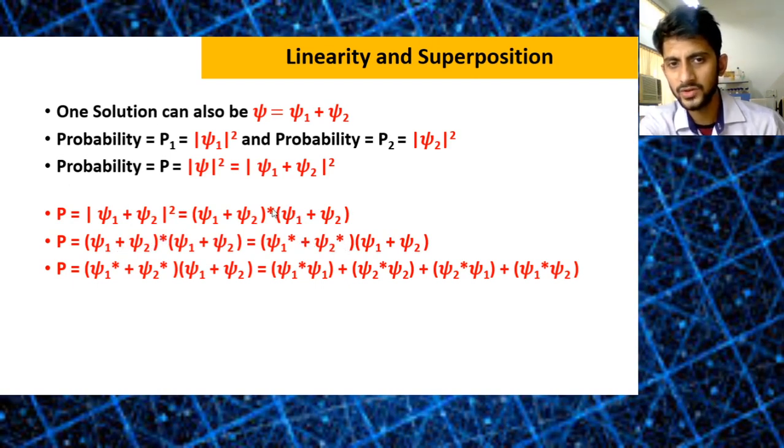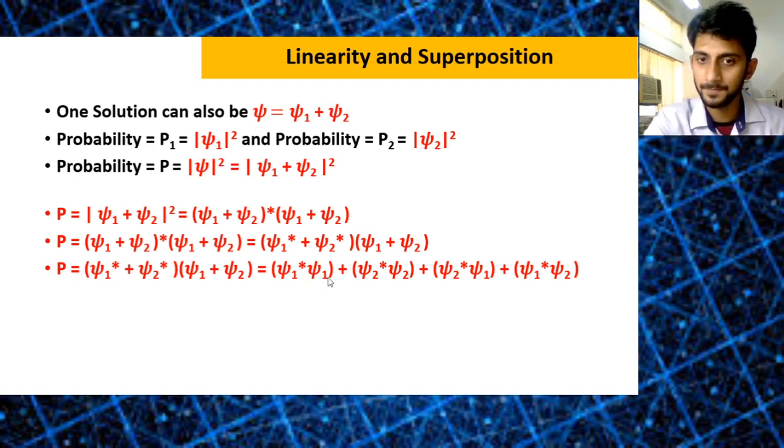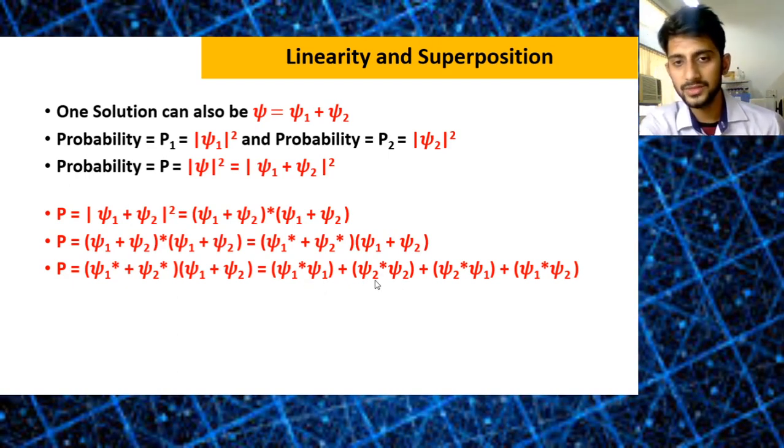See, I have taken the complex conjugate inside the bracket, where you know what complex conjugate means. And after multiplying, I will get 4 different terms. One is psi1 star psi1, which represents mod psi1 squared, that is P1. One is psi2 star psi2, which is P2. Then some other interfering terms as well.